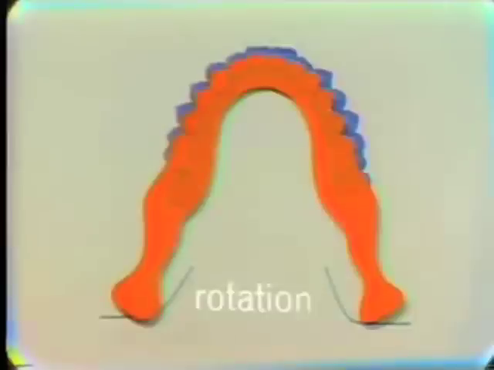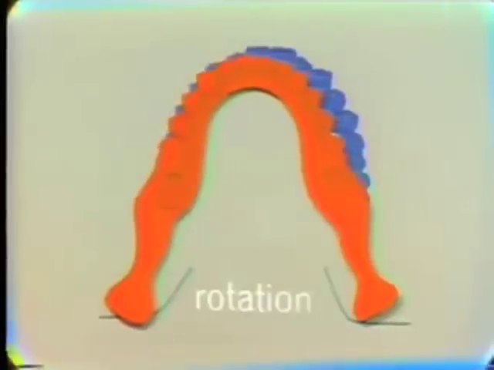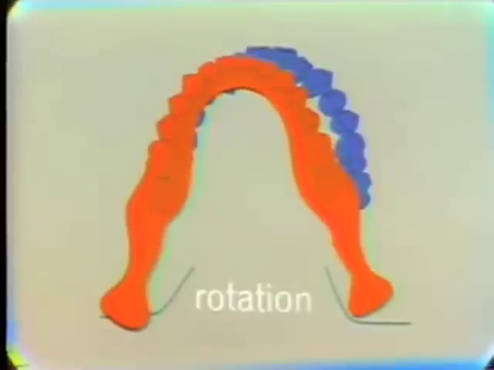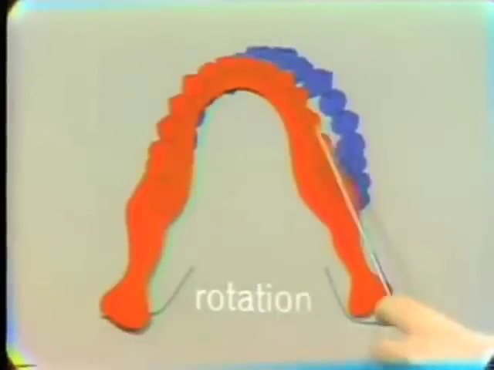In lateral movement, we find that the rotation occurs around the working condyle, which rotates, and the balancing condyle comes forward, inward, and downward. And this would be a working movement, where the teeth on this side would be in a working movement, and the teeth on this side would be in a balancing movement.